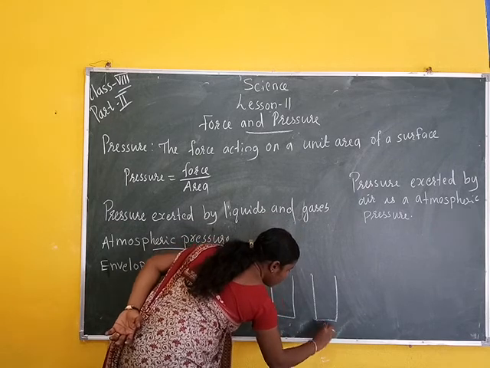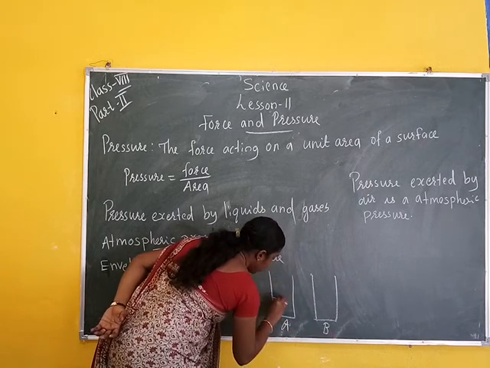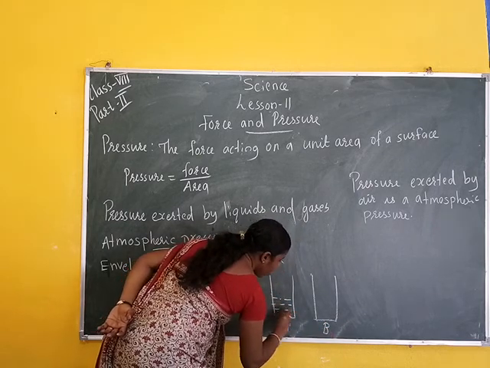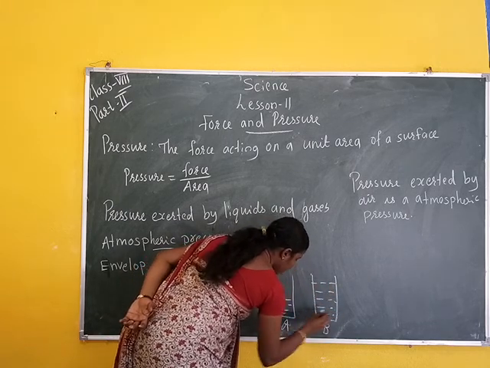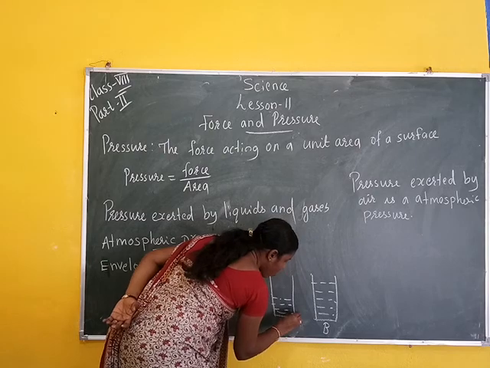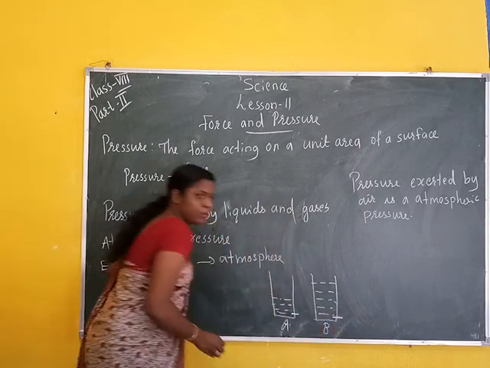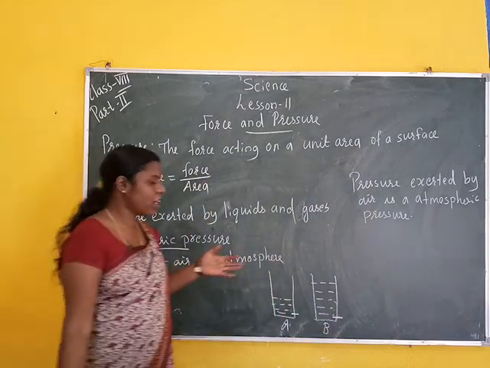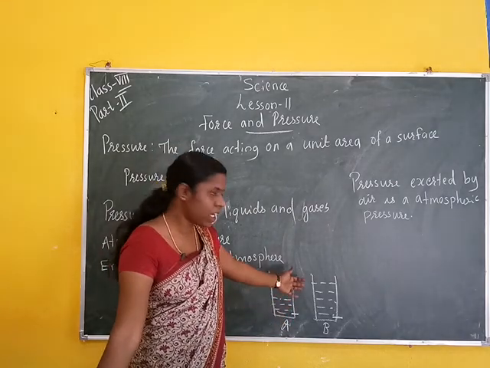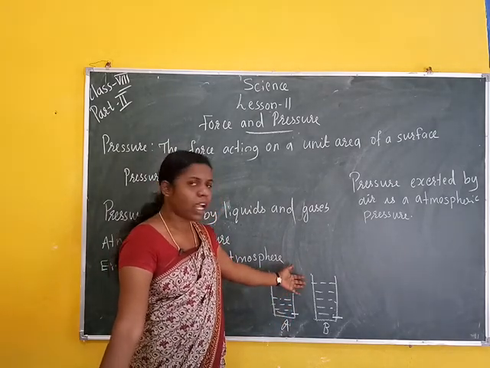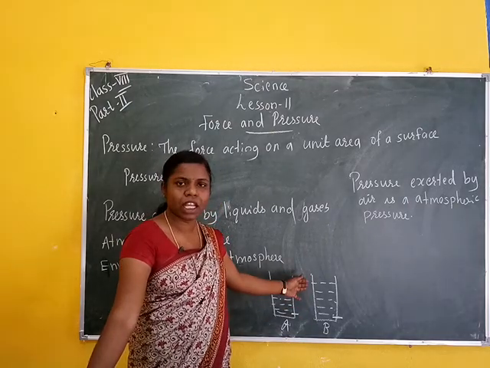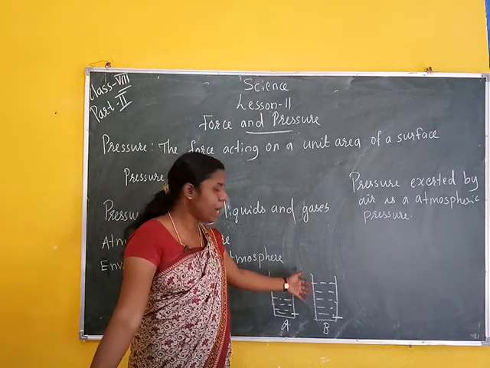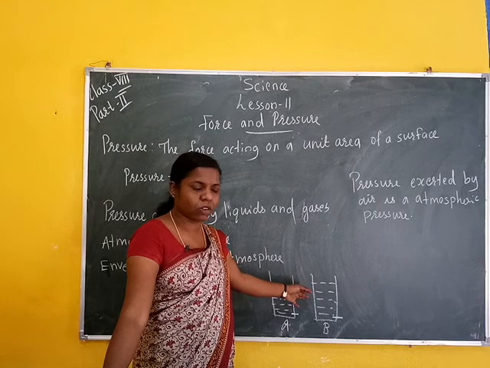Take beakers A and B. Beaker A contains a low level of water and beaker B contains a high level of water. In the downside there is one hole. Which beaker's water will flow out more easily? Beaker B. Why? Pressure depends on the depth of the liquid in the container.